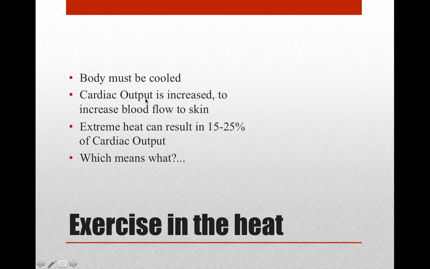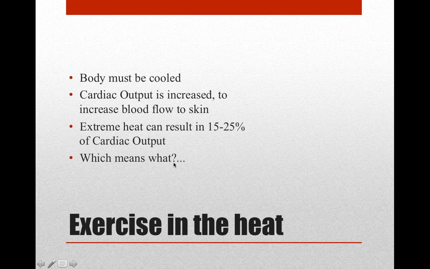So what is actually going to happen is, as we exercise in the heat, all right, there is an increase in blood flow to the skin. In some cases, it can be up to as much as a quarter of our cardiac output.